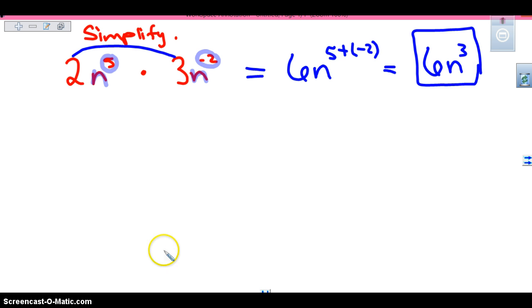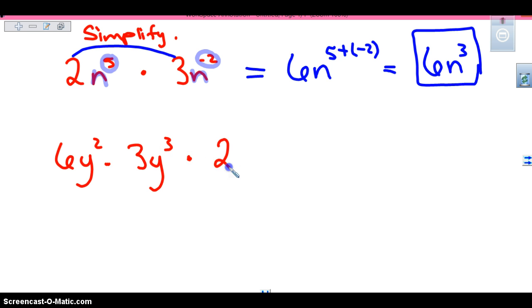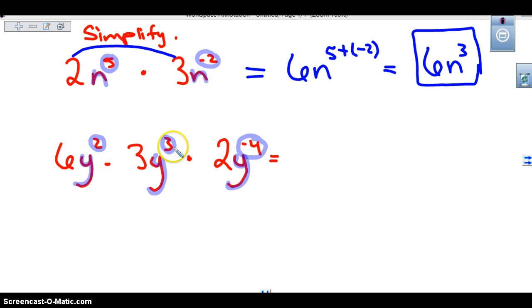Let's try another one. Let's say we have 6y squared times 3y cubed times 2y to the negative 4. What is the common base here? The y. What do we do with these exponents? We add the exponents.